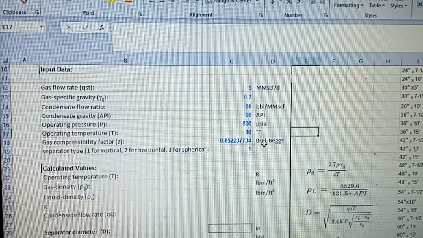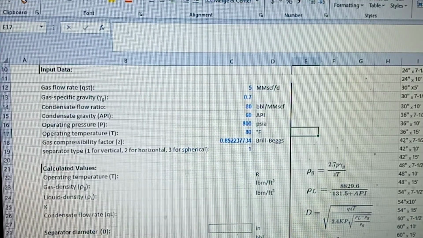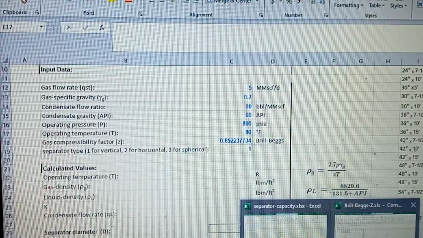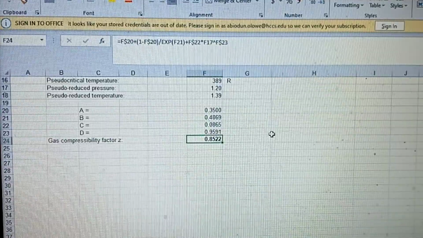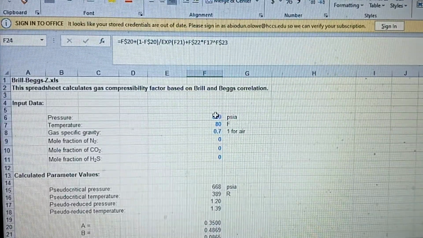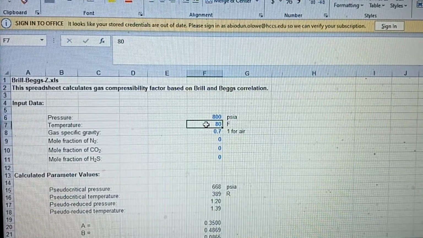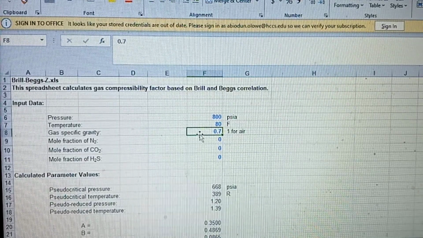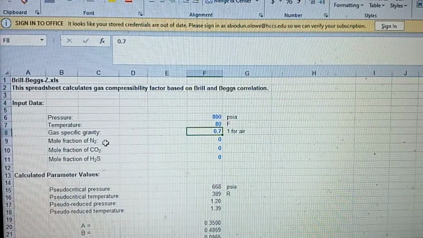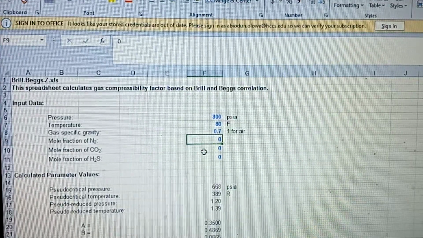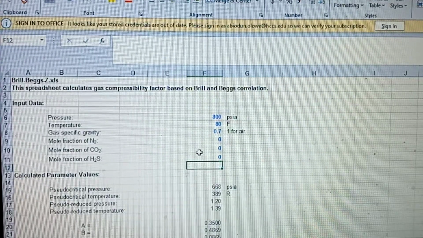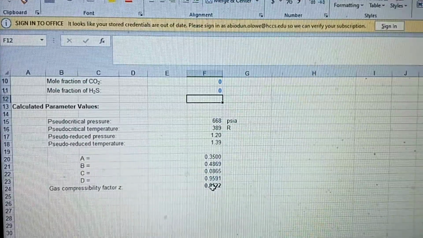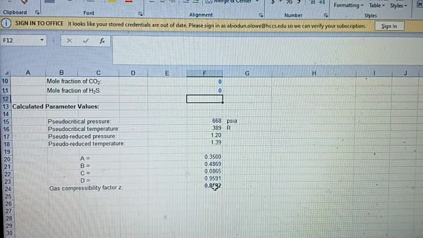I'm going to open the Brill and Beggs template. I put in the pressure, the temperature, the specific gravity. Since you are not given the mole fractions, you put 0 for all 3. Then you read the compressibility factor, which is 0.8522.